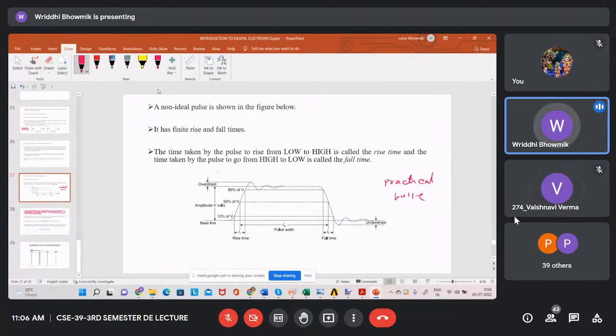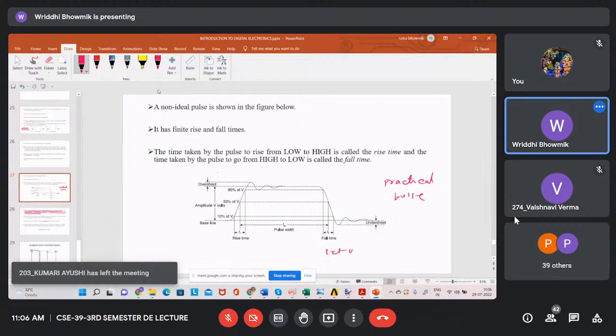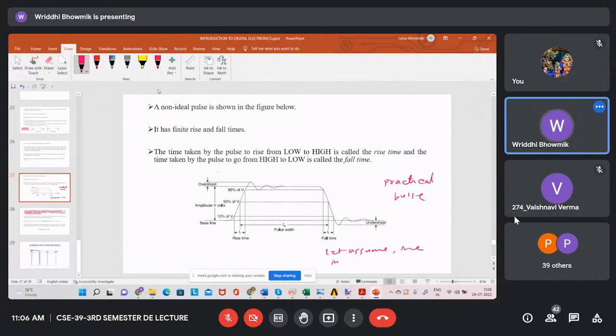Suppose let us assume the maximum amplitude is V volt.